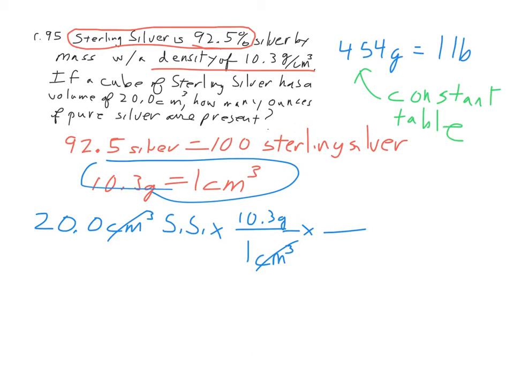So I now have a relationship that lets me get rid of grams. Place grams where they cancel out. Now I have pounds. Also from that constant table, if you didn't already know it, 1 pound is 16 ounces. I now have ounces of sterling silver.